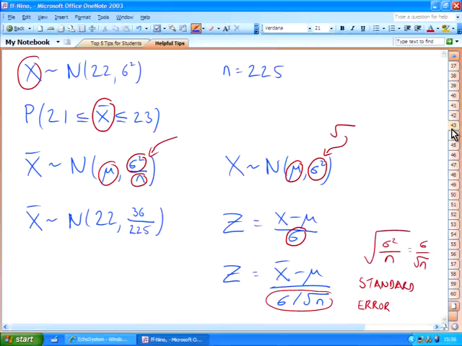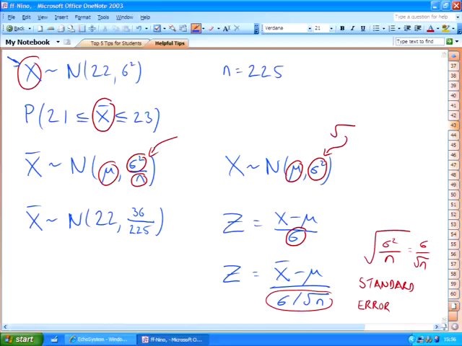Okay, so do be careful in any sort of exam question. Typically in the first one or two parts you might be asked to work out a particular probability based on our original x variable here. Typically in the final part of the question you might be asked to work out a probability based on a random sample drawn from this population.